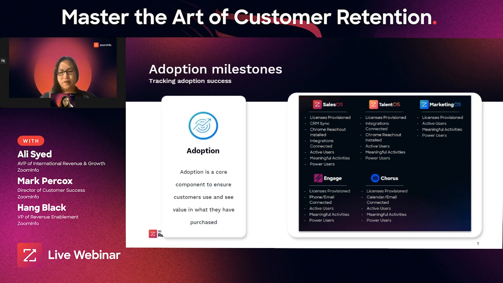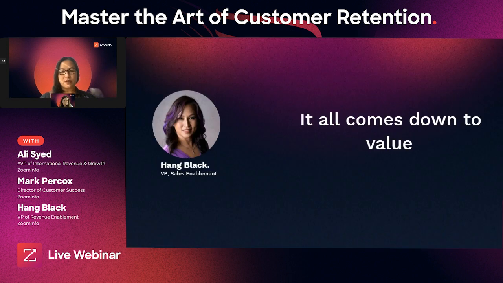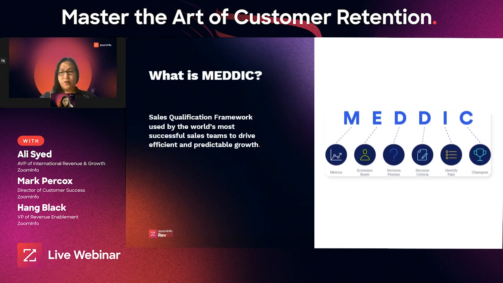So you can use Command of the Message, Challenger, Sandler, and it all works the same, but it's meant to really understand the customer, the customer's point of view. So just for a review, M is for metrics.